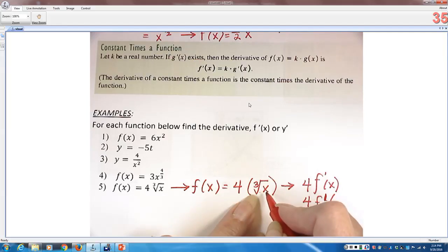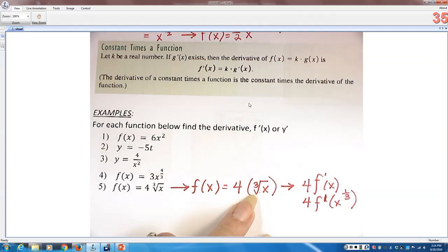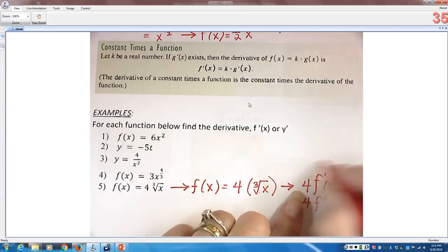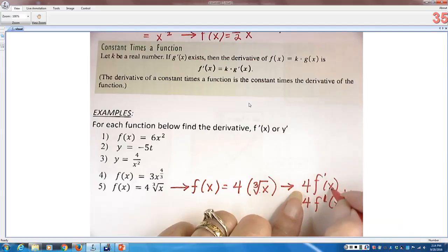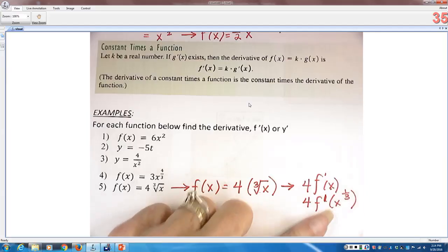If square root's 1/2, what's cube root? 1/3. Okay? So this is the constant, this is the function. I brought the constant in front, and I'm going to take the derivative of the function. So what is the derivative of x to the 1/3?